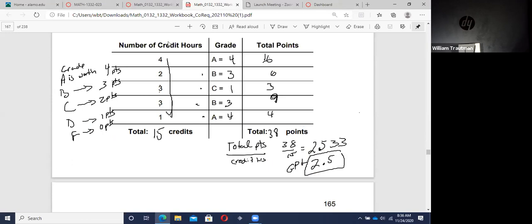I am going to type the number of credit hours and then the grade. I'm going to type in the number of points it's worth in list 1, and then how many times we count that grade, the credit hours of that grade, in list 2.